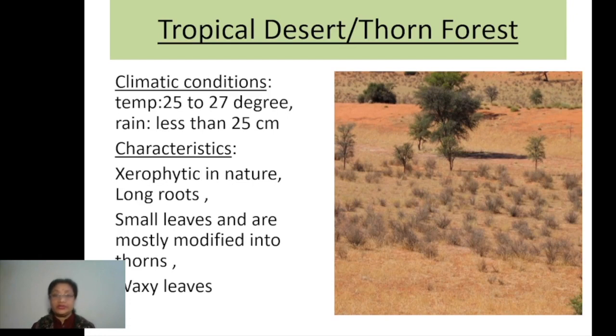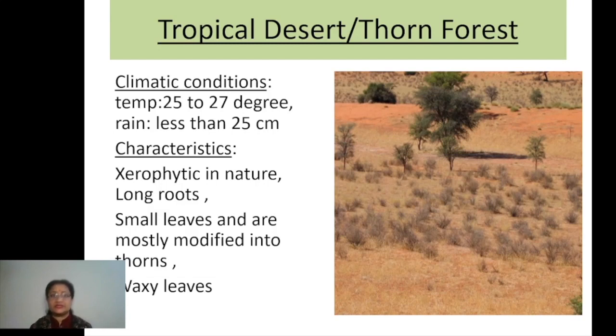Now, what type of vegetation can be found in those areas? The vegetation which is found there is called xerophytic vegetation. And what are the important adaptations in that case?